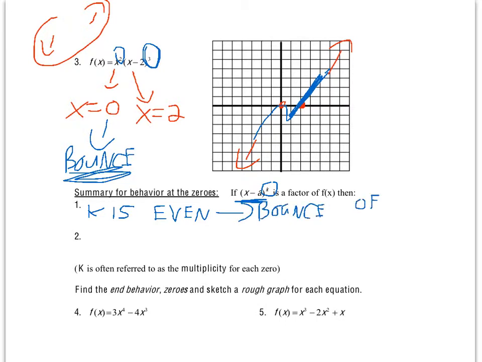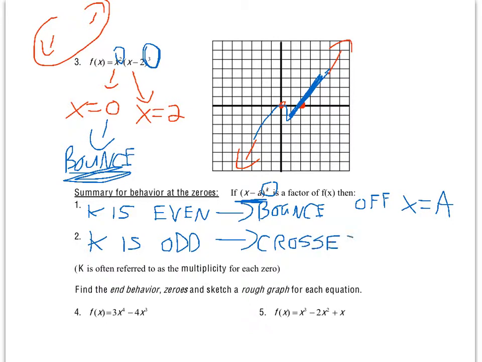We'll say bounce off x equals a, which is the 0. If k is odd, then it goes straight through the x-axis. So we'll say crosses x-axis at x equals a.